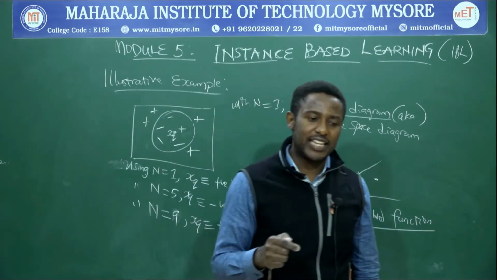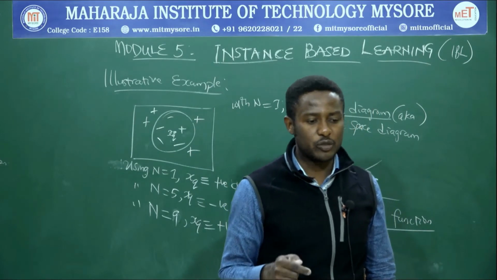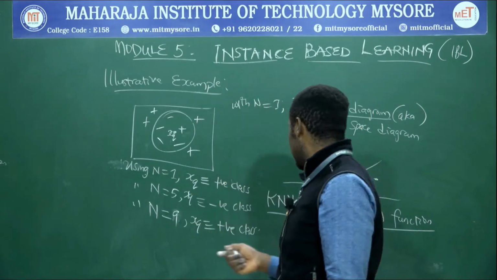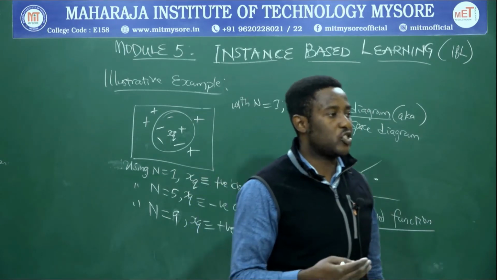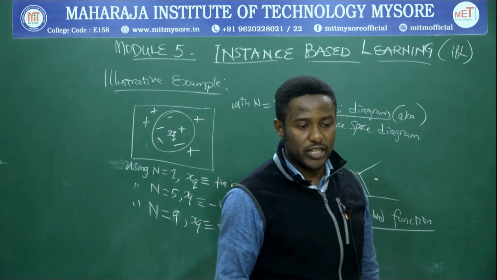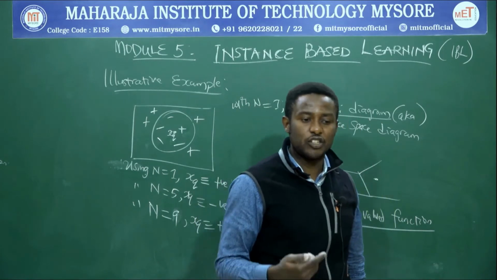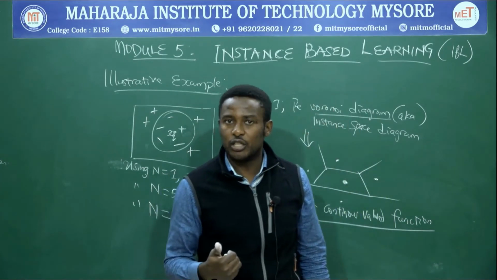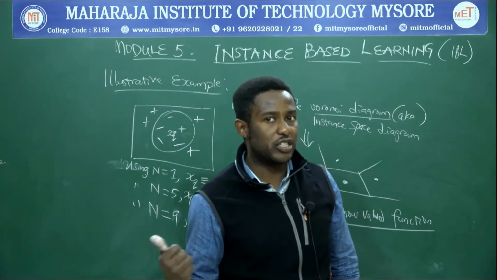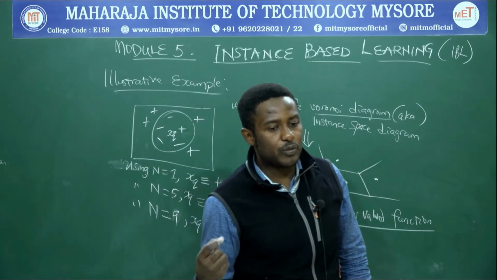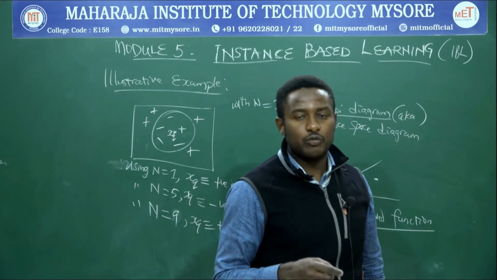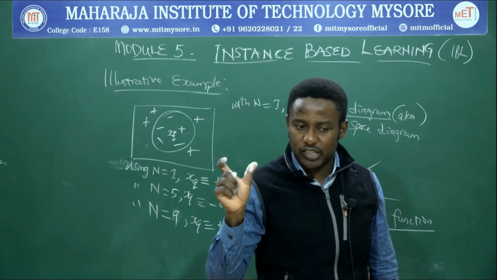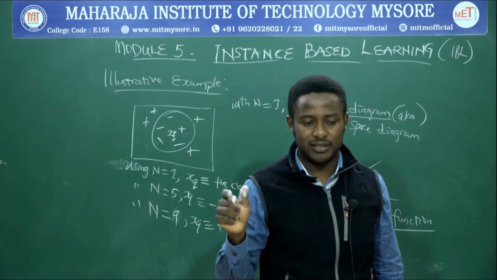KNN can also be used in approximating continuous valued targets, because we can calculate the mean of the training examples rather than calculating the most common value, which was what happened in the discrete valued function.